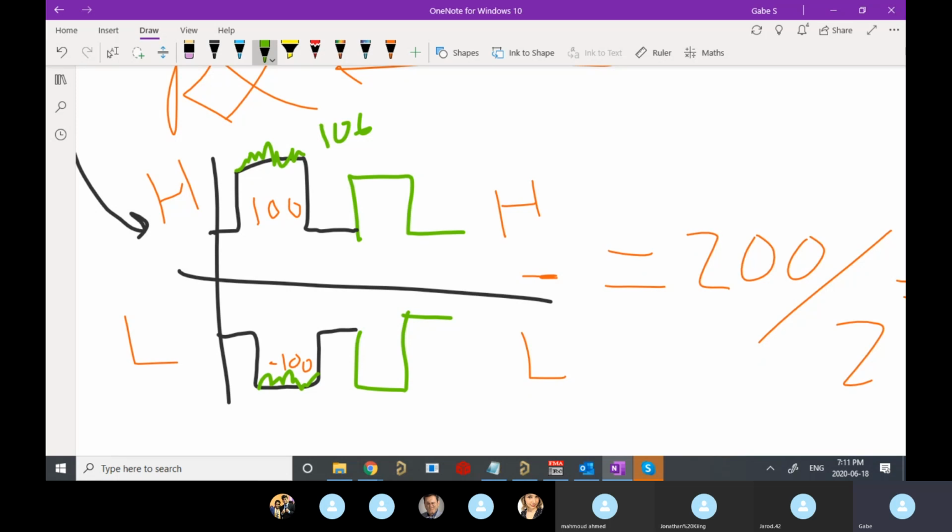So if I had 106, this is total make-believe, right? But I added +6 of noise here. It's not actually how it works, but just for argument's sake, I would have the exact same +6 of noise here, so that'd be -94, for example.